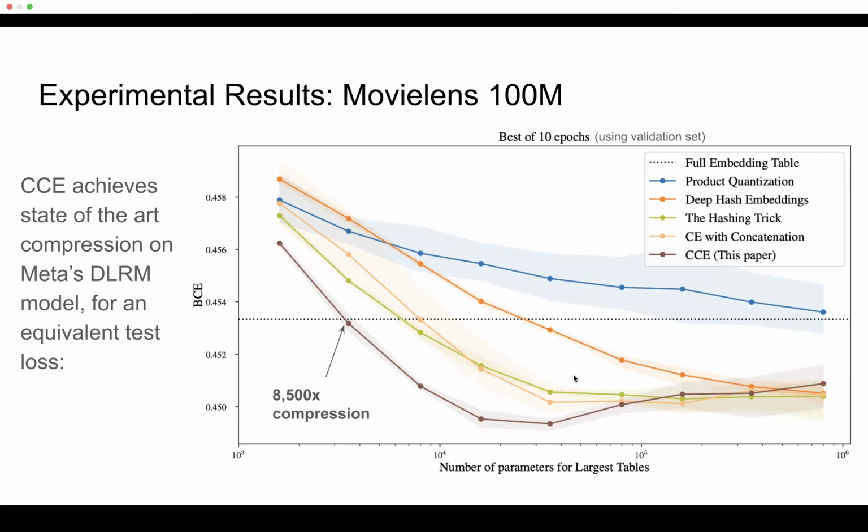Honestly, even all of the hashing methods and so on were also able to beat the basic model, which again shows that the basic model was very overfitted. But you see this is log scale, so compared to the hashing methods, these other methods, we were able to compress it a lot more.